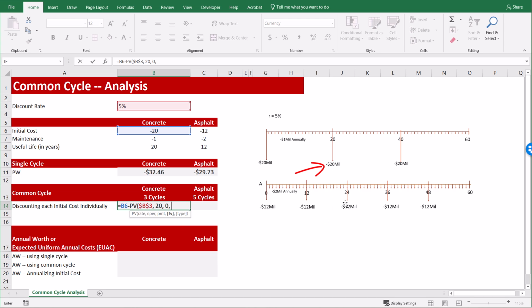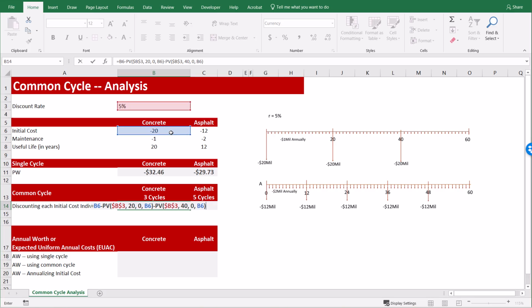When we have this initial cost of minus 20 million, that's this first one, minus the present value at 5%, when we have to discount this 20 million for 40 periods. So let's say 40 periods with no payments, and we have this cost of 20 million.